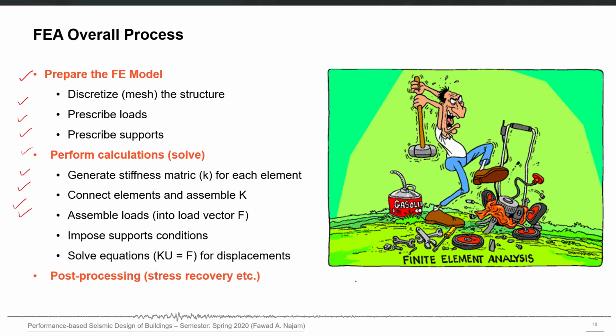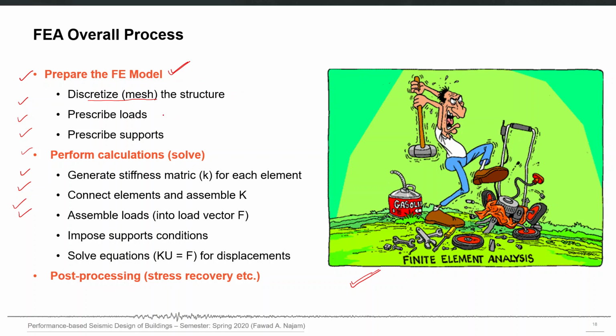I don't know the reference of this picture, but that's something close to what you will be doing in this finite element analysis. So the very first step in this overall process is to prepare a finite element model, and that basically comprises of discretizing or meshing the structure which you are going to model.